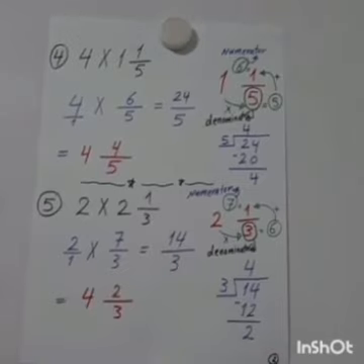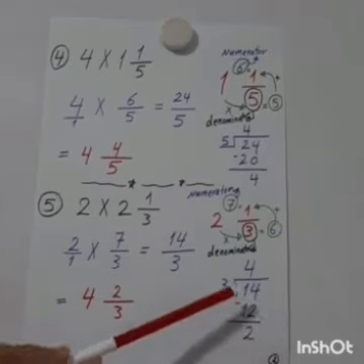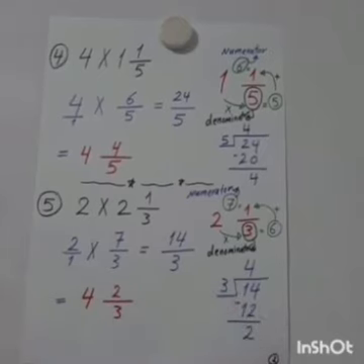Then we must, we have now the fraction 14 thirds. It's greater than 1. So what I will do, I will change that into a mixed number. So 14 divided by 3. I will look at the times table in my mind, table 3.